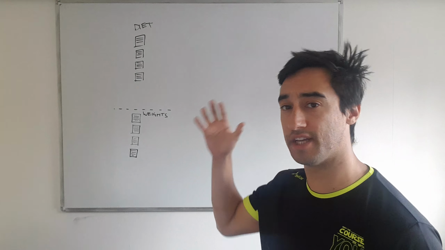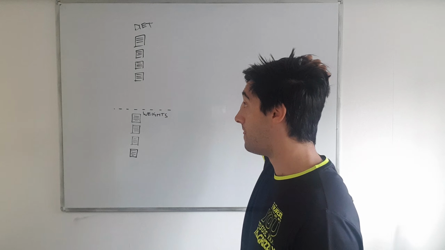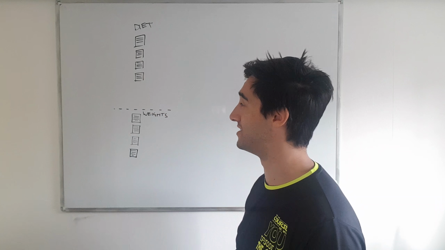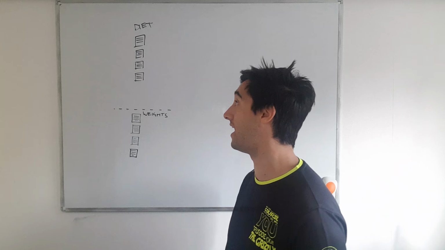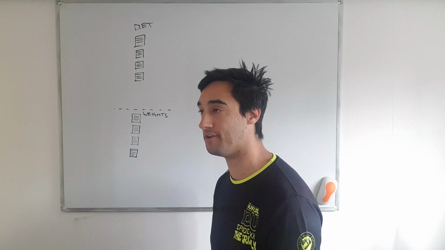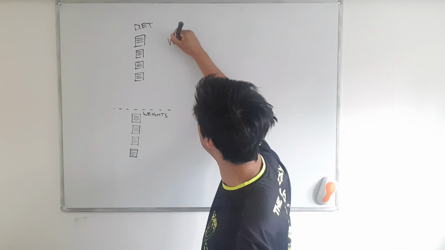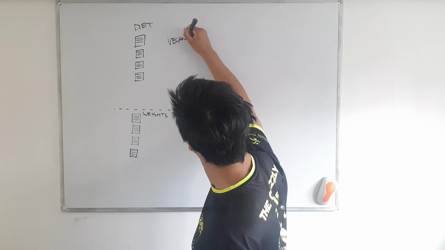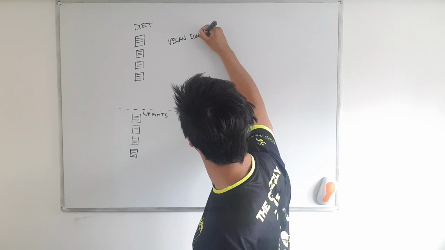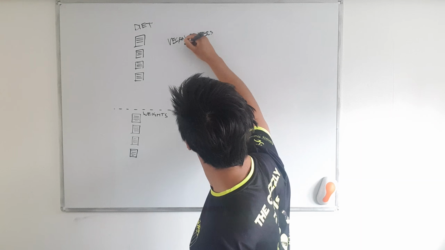Now, in terms of content schedule, actually, if you want to dominate a keyword, and we're moving into SEO territory here. Let's say that you really want to dominate vegan runners diet.